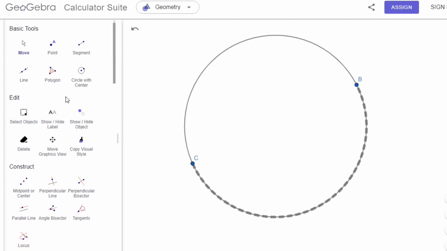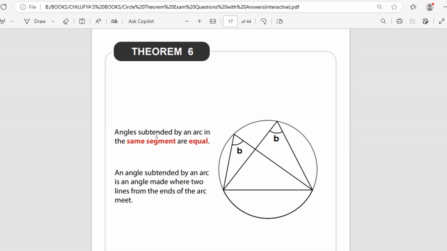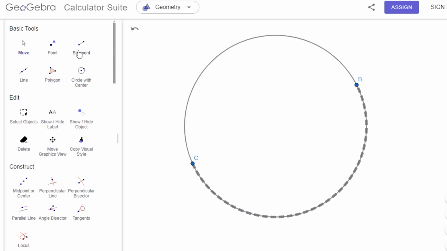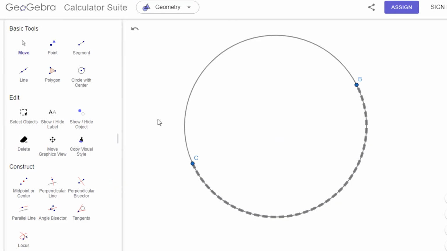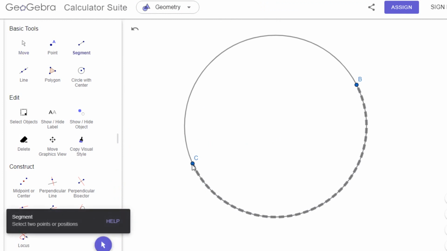So what do they mean when they say angles subtended by an arc in the same segment? Remember, in the former videos we looked at what we said is the segment. As you can see, it's talking about same segment here. So the segment is just an area bounded by a chord and an arc.